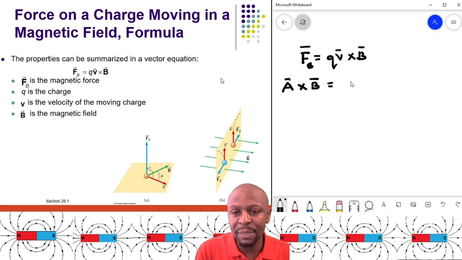because it can be defined in terms of the magnitude of A times the magnitude of B and the sine of the angle between them.